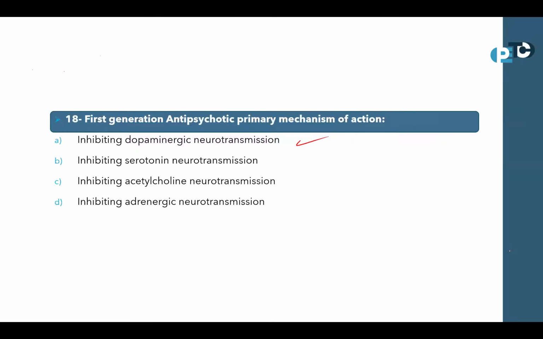Why do we use the first generation? To decrease the dopamine level. However, some of them have other mechanisms, not only one, like the phenothiazines. They have another mechanism, which is an anticholinergic effect, antihistaminic effect, and alpha one blocking effect. But the primary one is the dopaminergic effect.